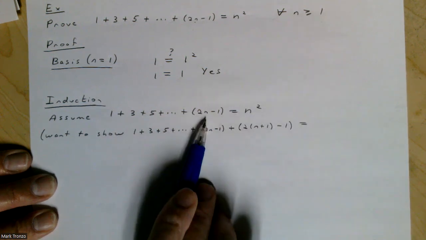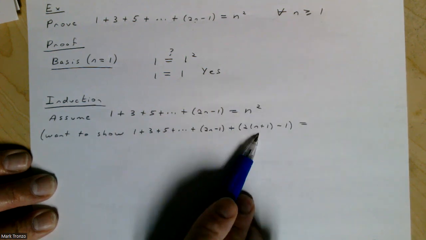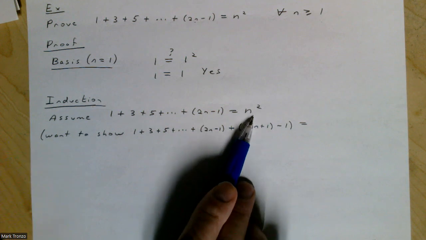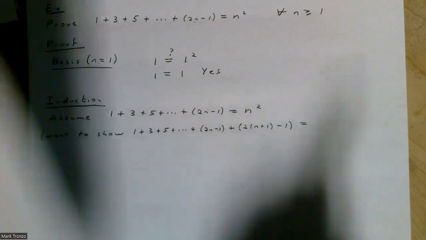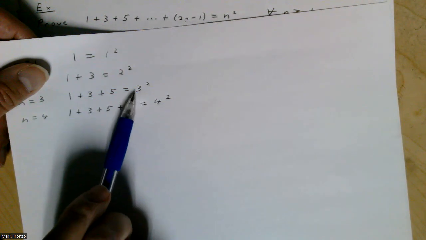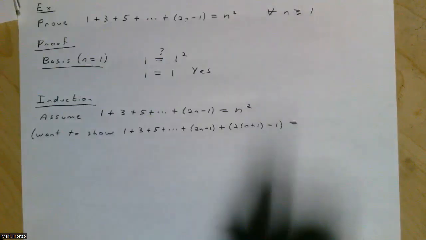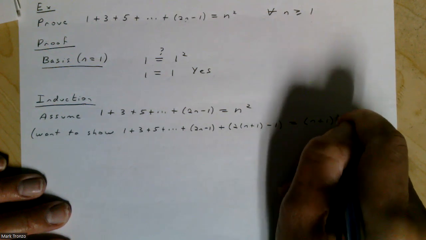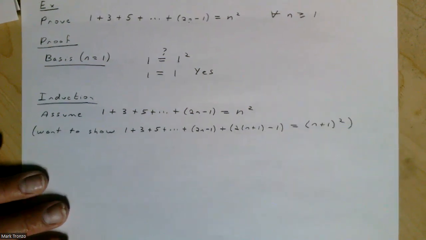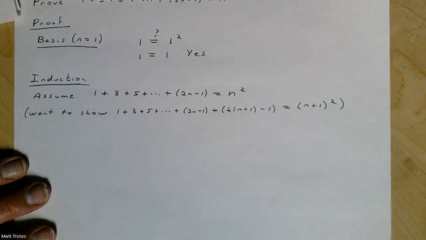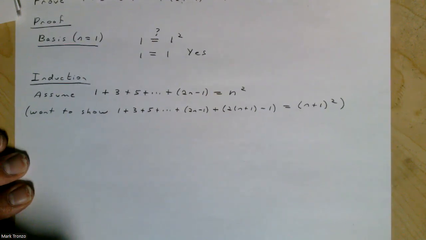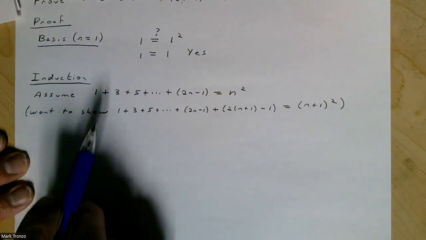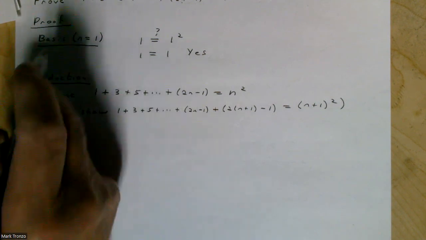So again, we went to that next term. But on the right-hand side, as you see, when we do that next one, we just keep adding 1 to that. So that's going to be n plus 1 squared. So as before, begin with your assumption.